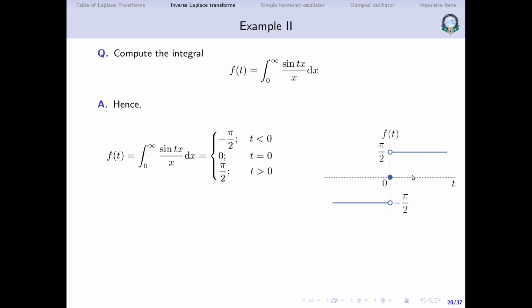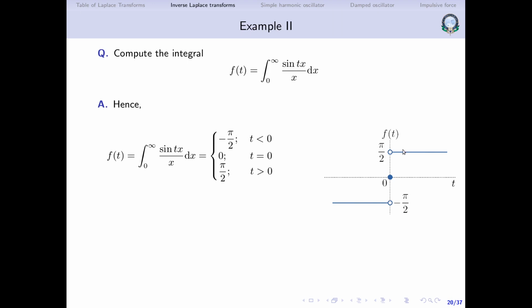So we could just express this in the form of a graph like this. Now you can see here, this is a discontinuous function, right? And what does this function remind you of? If you go back to my lecture on the Heaviside step function, this is nothing but the signum function. The signum function takes the value 1 for positive values of t, and it takes the value minus 1 for negative values of t.